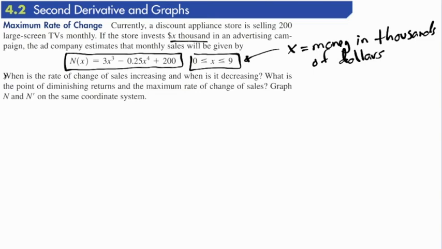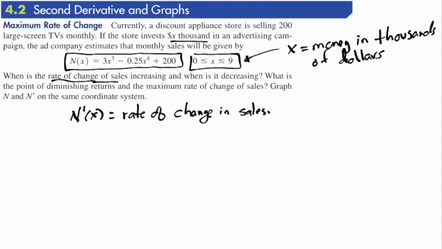The question that follows states, when is the rate of change of sales increasing and when is it decreasing? So we have to read this carefully. Rate of change of sales is going to be n prime of x. But the question is asking when is the rate of change of sales increasing?